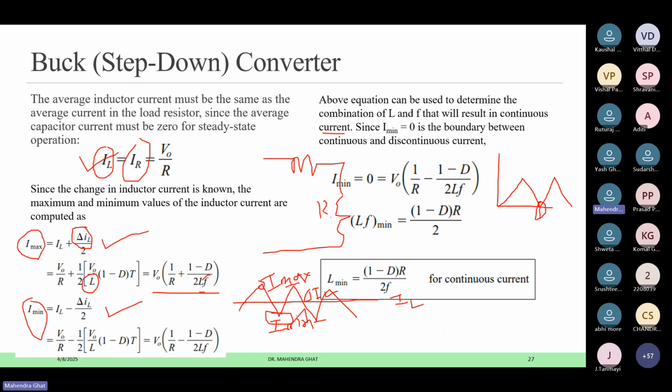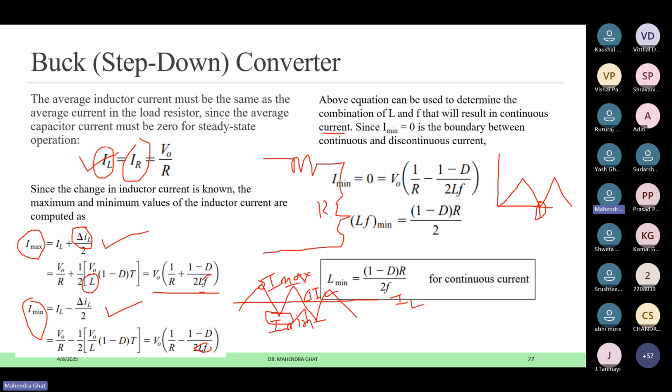And if I increase this LF value, what will happen? Your I min will not go to zero. So to get this critical value, I just set I min equal to zero. If I equate this equation to zero, I will get the minimum term required to get continuous conduction, because I want to operate always in continuous conduction.